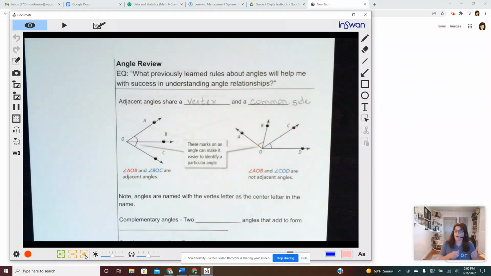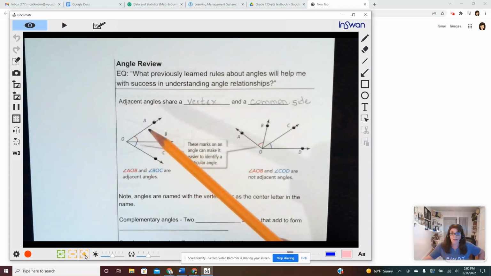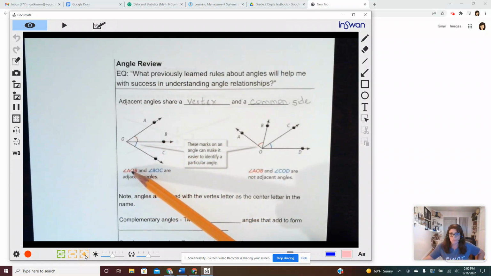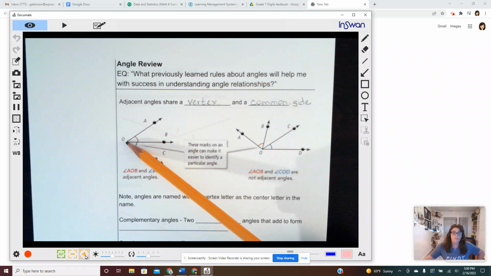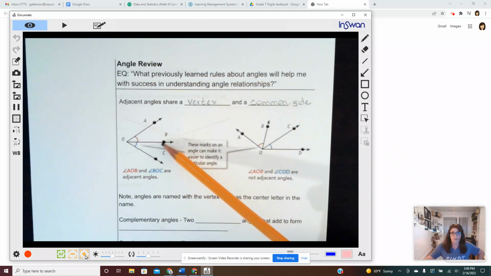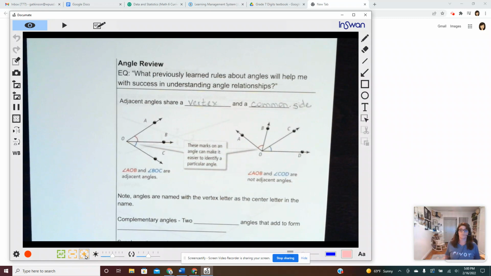They do not share a common side. Also notice that angles are named with the vertex letter in the middle. So you start at one ray, that letter, the vertex, the other letter. That's how we name angles.